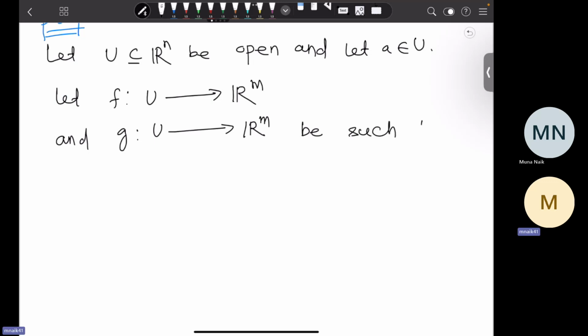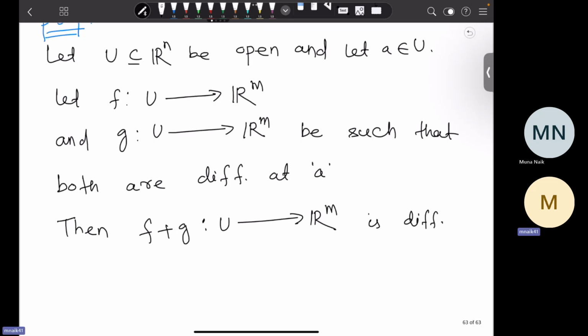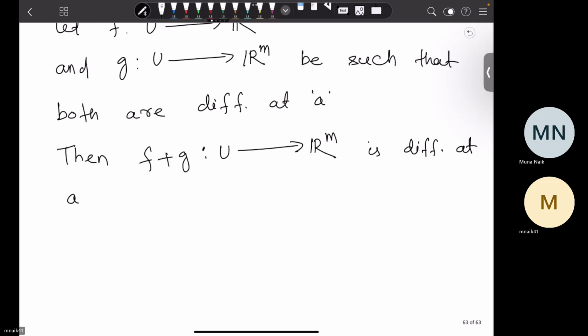Besides that, both are differentiable at a. Then the sum f plus g, from U to Rm, is differentiable at a, with derivative (f plus g) prime at a equal to f prime of a plus g prime of a.